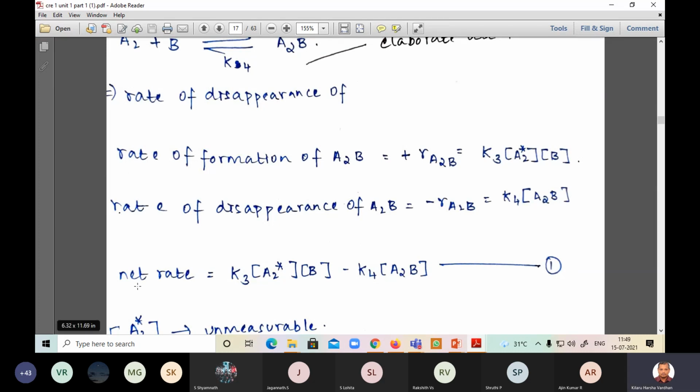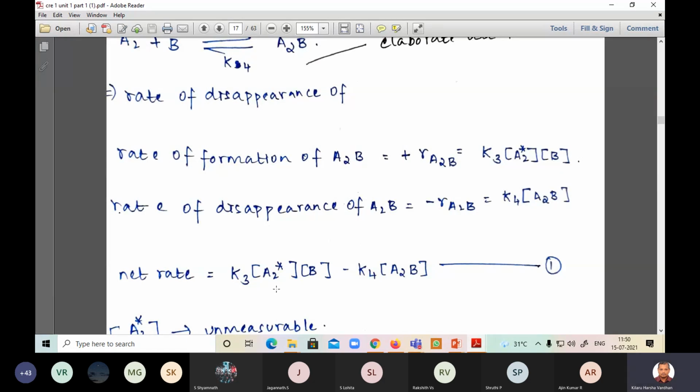Now you see the rate of formation, R of A2B. Writing in terms of K3 we know, B concentration we know, but we don't know A2 star because this is an intermediate. You have to eliminate this A2 star.